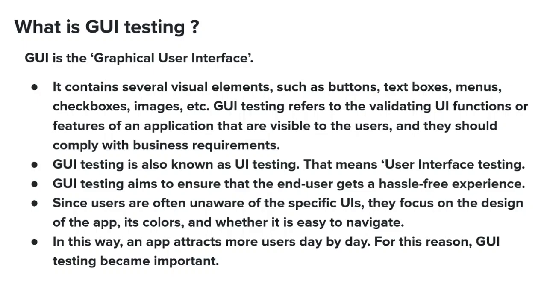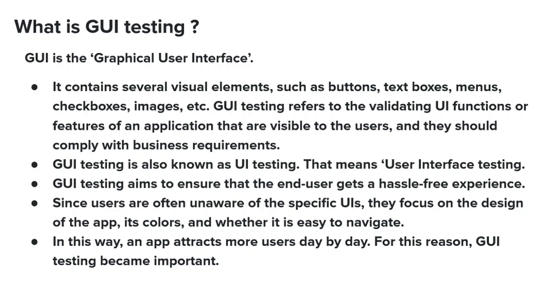He can fill in data in those text boxes. There can be different types of menu options, checkboxes, images, etc. So all these web elements are basically known as web UI elements, and we have to perform testing on those elements. That comes under GUI testing, or we can also say UI testing.